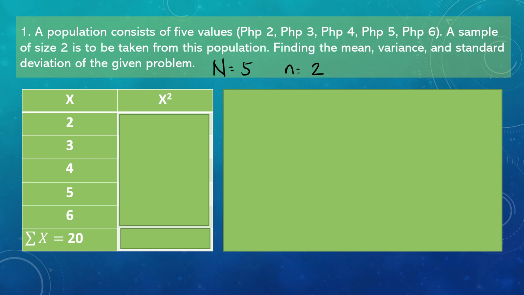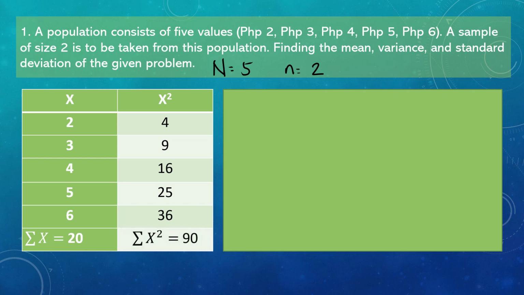For x squared, we simply multiply x by itself. 2 times 2 is 4, 3 times 3 is 9, 4 times 4 is 16, 5 times 5 is 25, and 6 times 6 is 36. Then we add all the values of x squared: 4 plus 9 plus 16 plus 25 plus 36 is equal to 90. Therefore, summation of x squared is equal to 90.